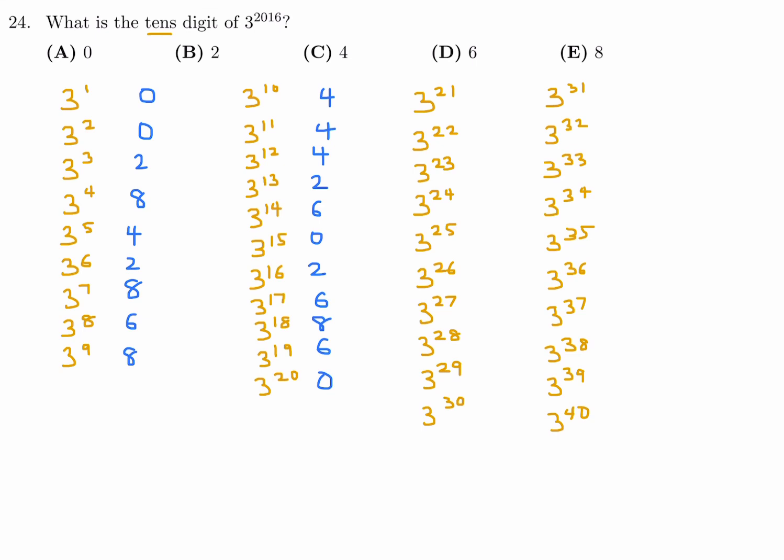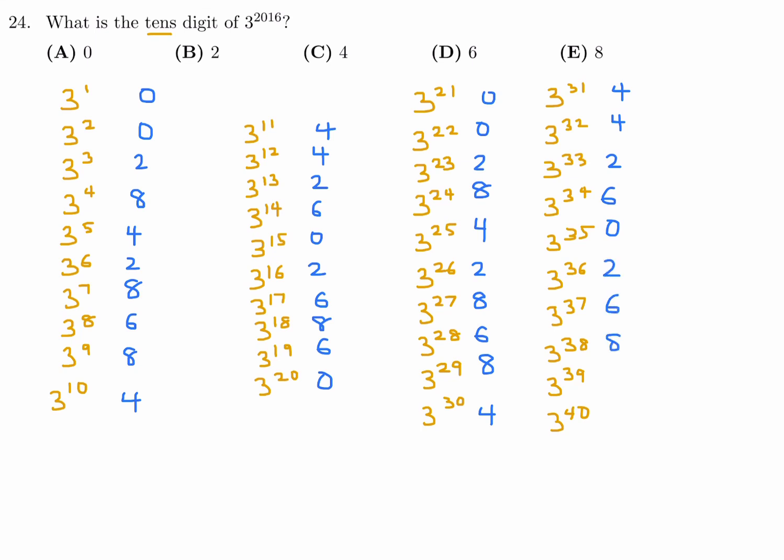So we got, let's see here, 0, 0, 2, 8, 4, 2, 8, 6, 8, 4, 4, 4, 2, 6, 0, and 2, 6, 8, 6, 0.